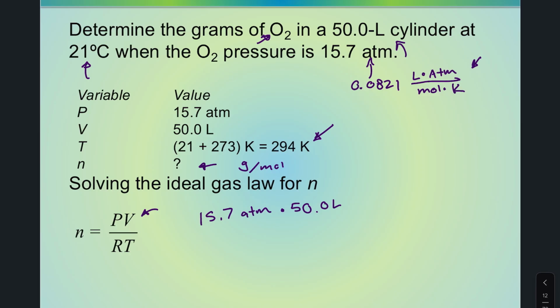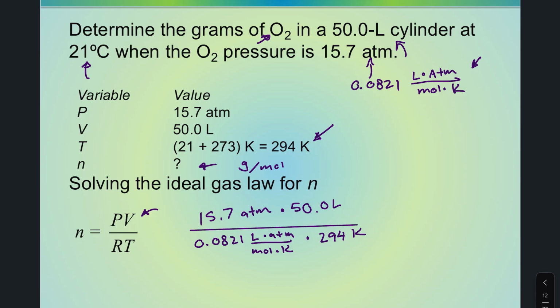Then for the R, we're going to use that value, 0.0821, because the units are going to cancel out, and we'll multiply it by the temperature, which is going to be 294 Kelvin.